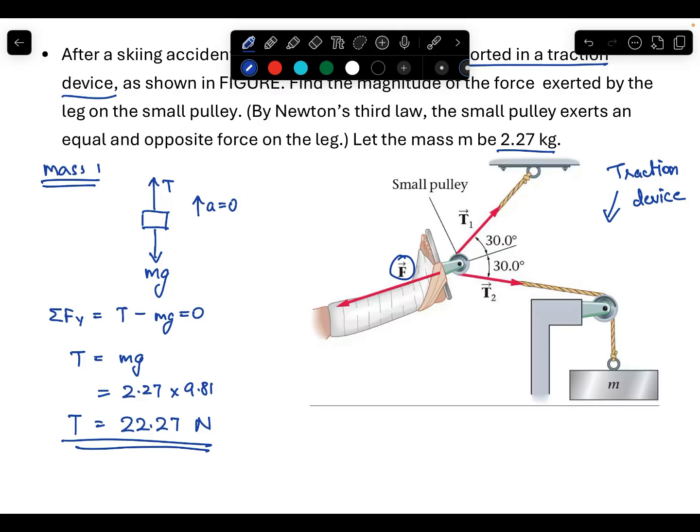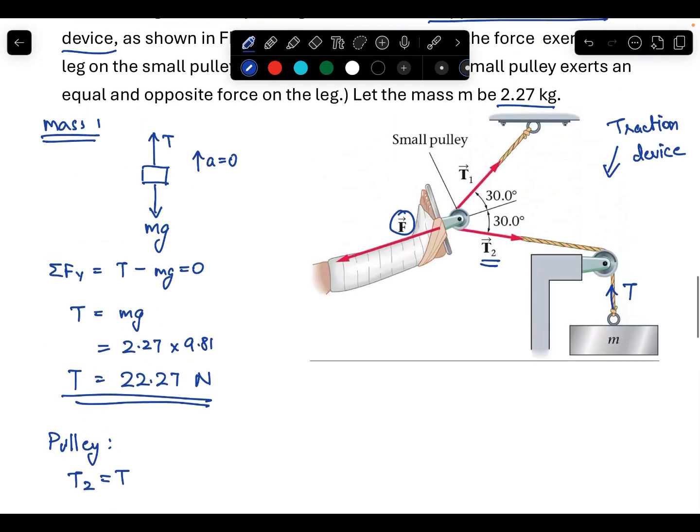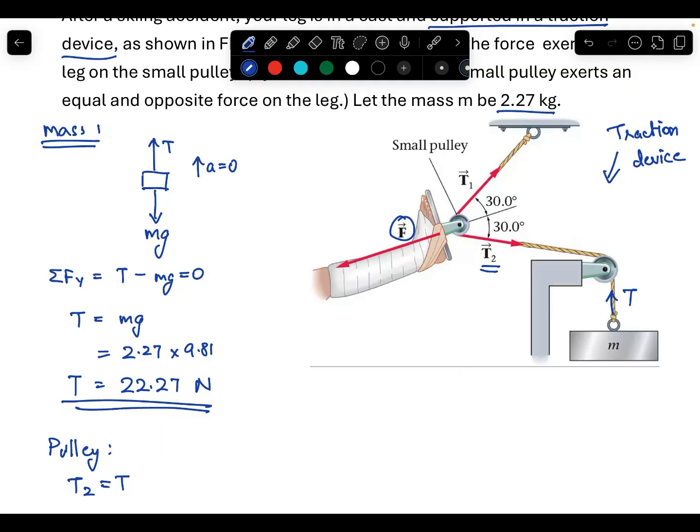Now, one thing I'll see here is that this is the same exact pulley, and here it's called T2. I called it T. So in the case of the pulley, T2 is equal to T. Now, because this entire string is the same, the tension in the string should be equal at every single point.